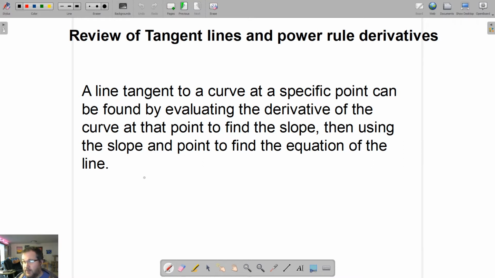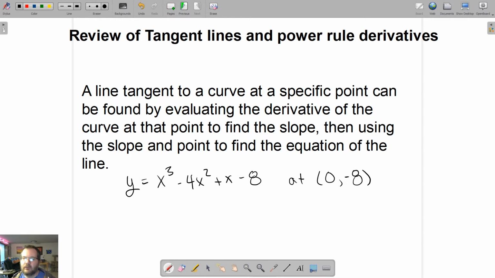I'm just going to make this up off the top of my head, so the numbers are going to be super nasty. Let's say we have some curve that is y equals x cubed minus 4x squared plus x minus 8. And I want to evaluate this at the point 0, negative 8. Oh no, that's going to be way too easy.